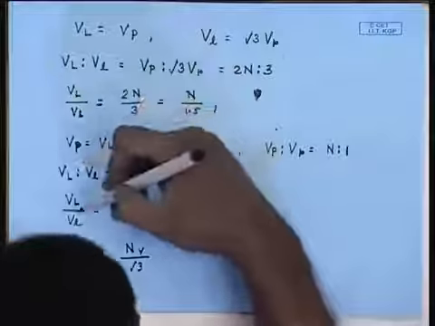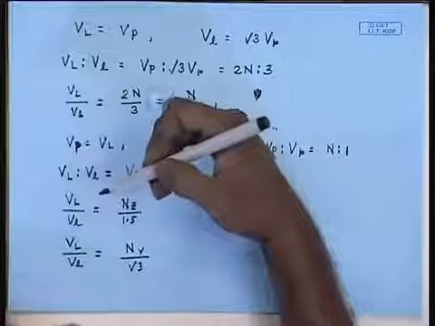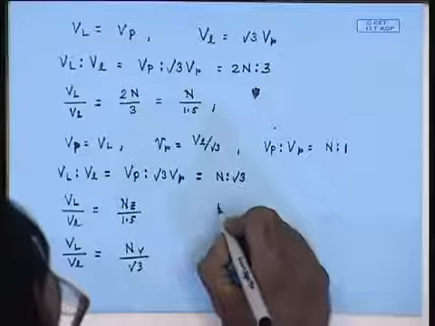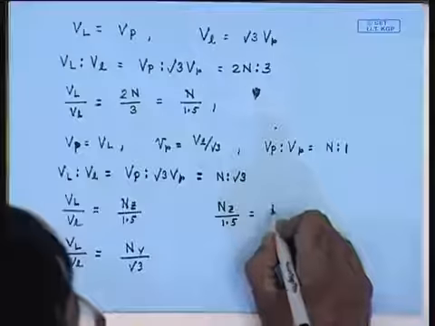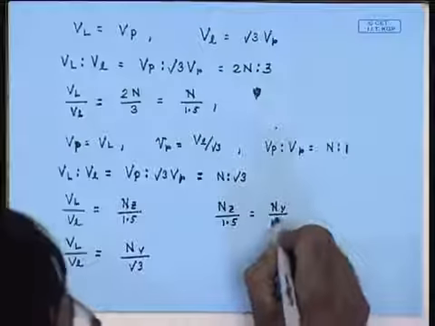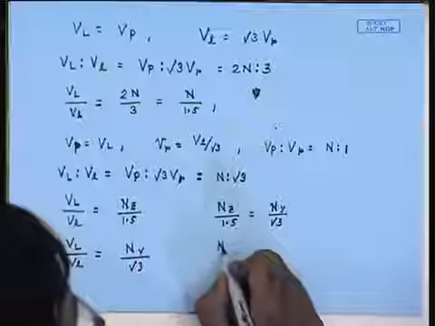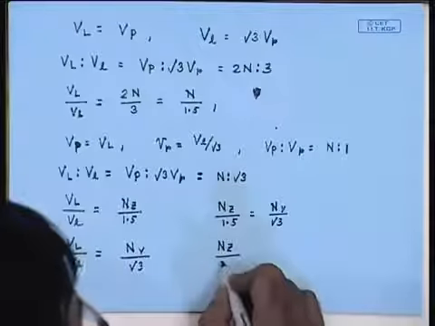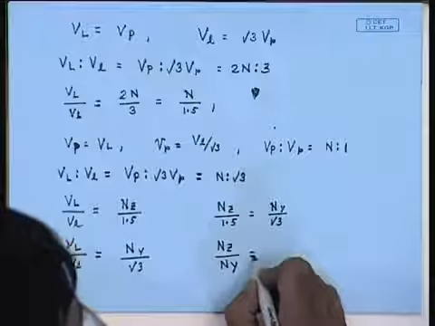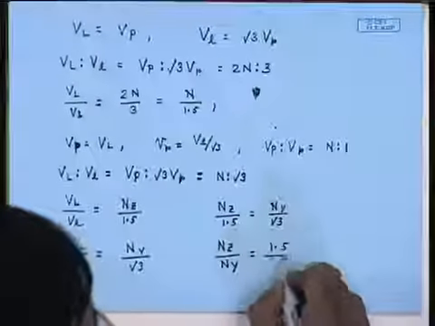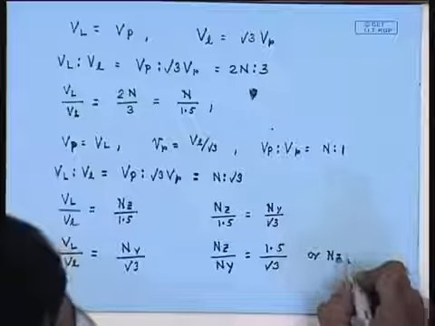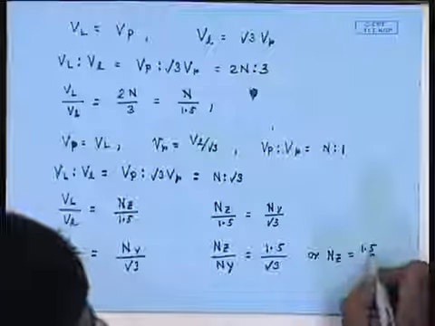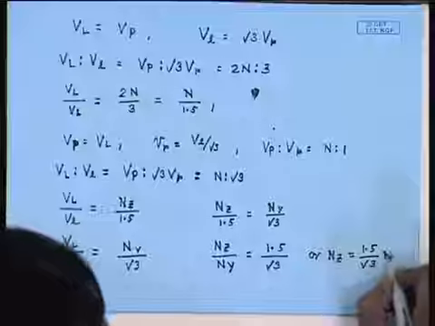Now, if in both cases the line voltages on the high voltage and low voltage side are the same, then we must have Nz by 1.5 equal to Ny by root 3, or Nz by Ny equal to 1.5 by root 3, or Nz equal to 1.5 by root 3 into Ny.